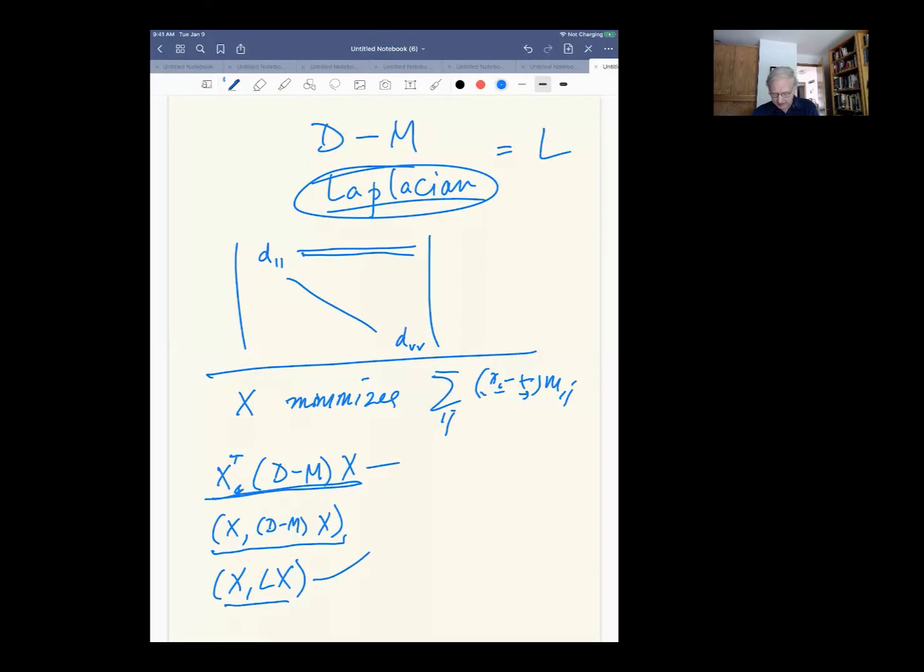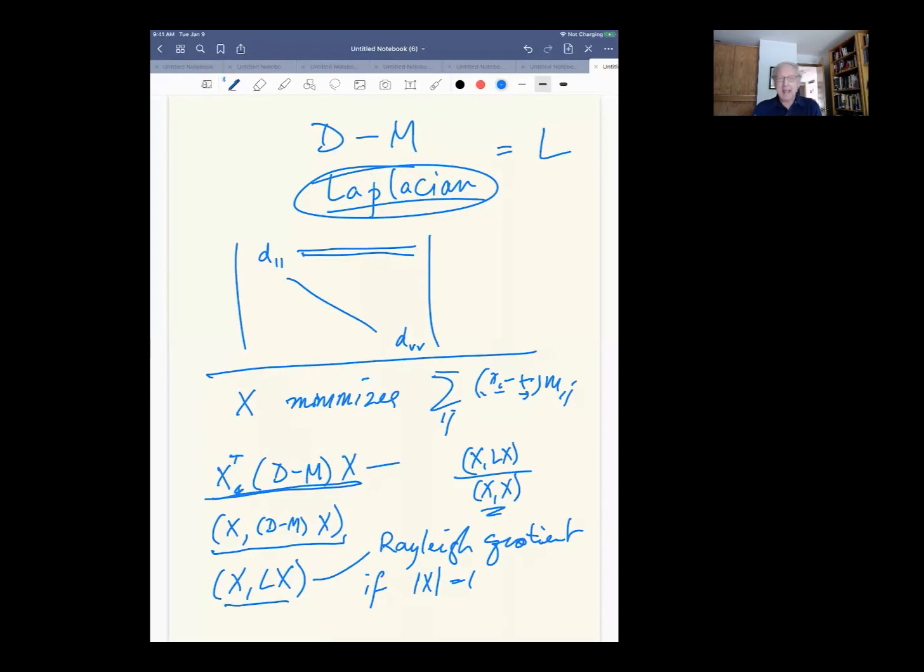And this also has a name. This is called the Rayleigh quotient. If we simply require that the length of x be 1, if we don't put that condition in, then the Rayleigh quotient ends up being the same thing, you just normalize by the length of x, or in this case, really, by the inner product of x and x.